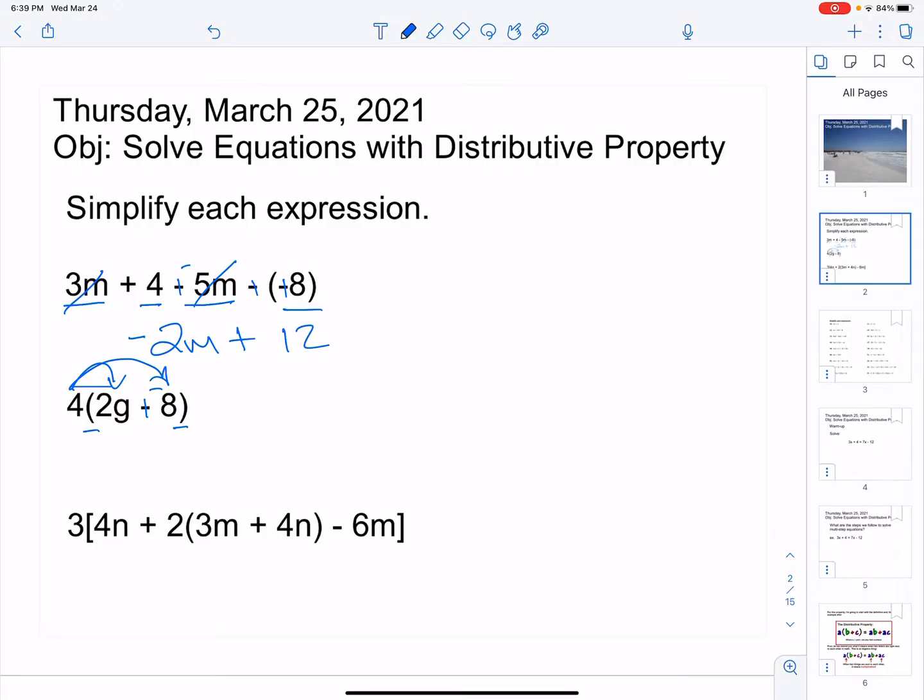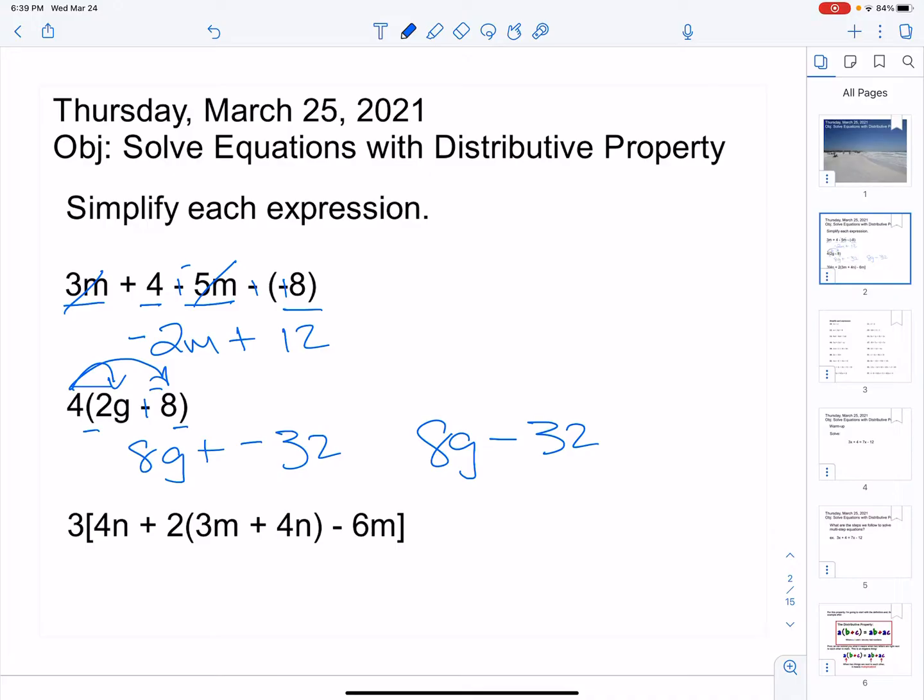So I would do 4 times 2g to give me 8g plus 4 times negative 8 to give me negative 32. Now another way we could write that would be 8g, not plus a negative, but just minus 32, and that would mean the same thing. Okay, so that's how you simplify those first two.